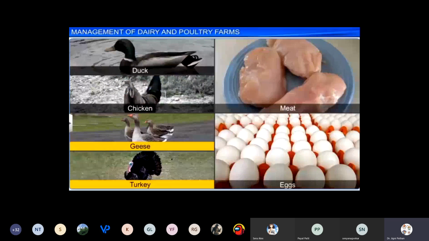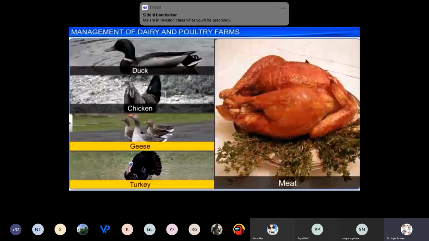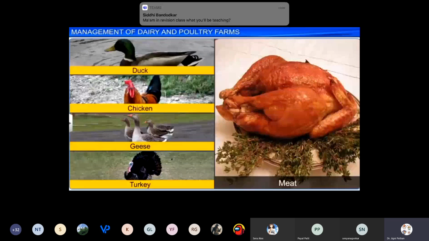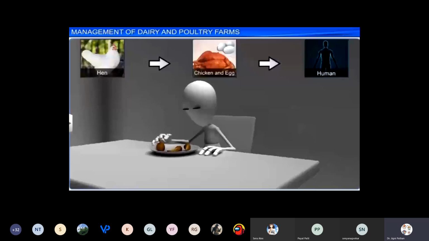In fact, poultry refers to the meat of these birds and is sometimes used for the birds themselves. Poultry farms also employ the management practices of dairy farming, such as proper breed selection, shelter, feed, and healthcare.